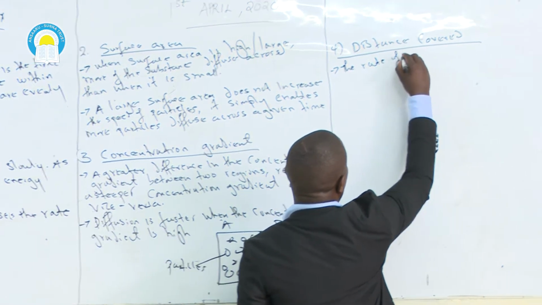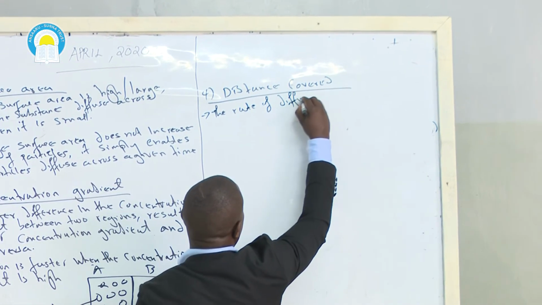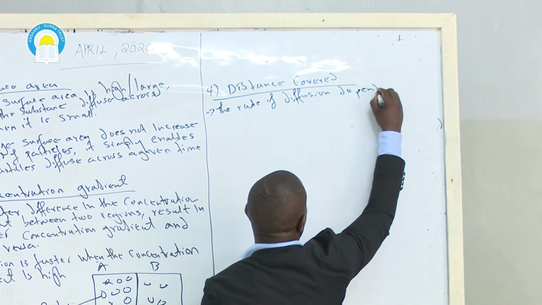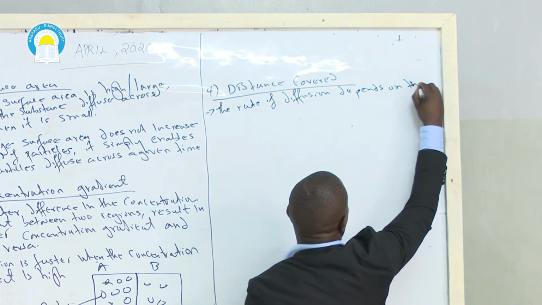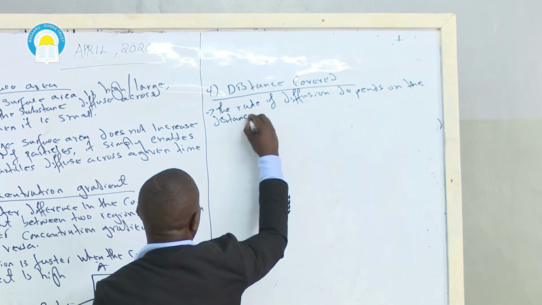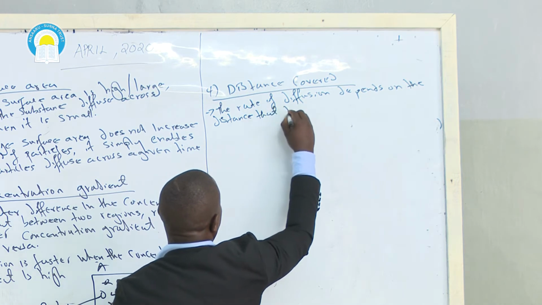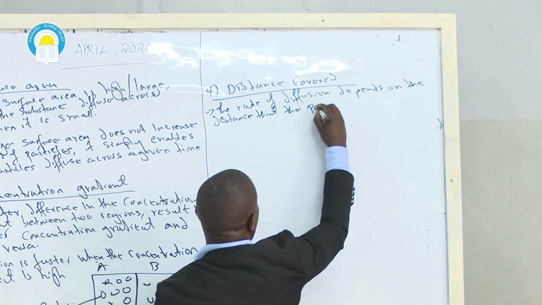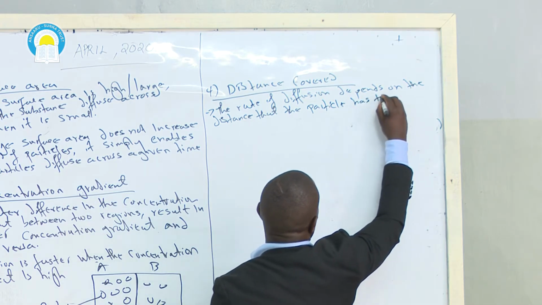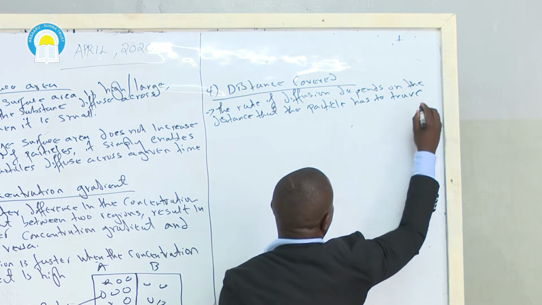The rate of diffusion depends on the distance that the particle has to travel.